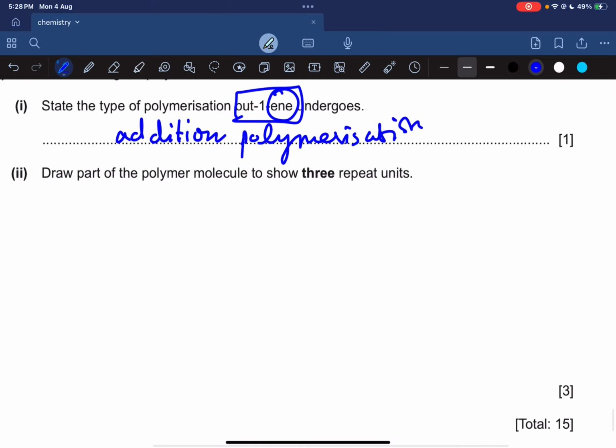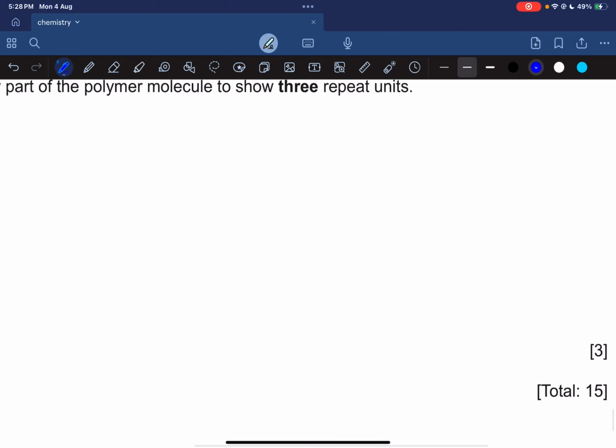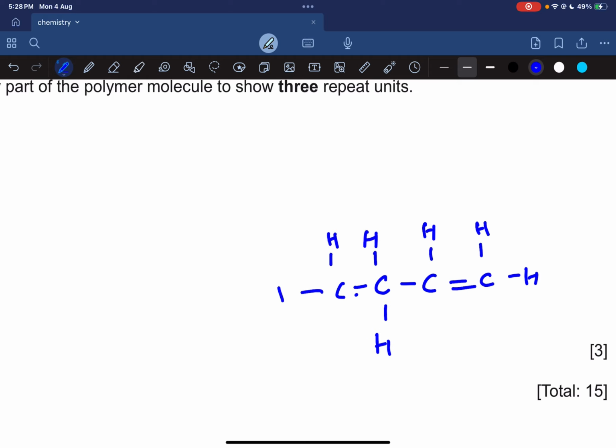Okay, now first let's draw but-1-ene. But-1-ene is going to be like this and this. So this is your but-1-ene. And now you try to bring it in the standard form for addition polymerization. What you do is that you pick up the entire thing that is attached with this carbon and bring it over here.